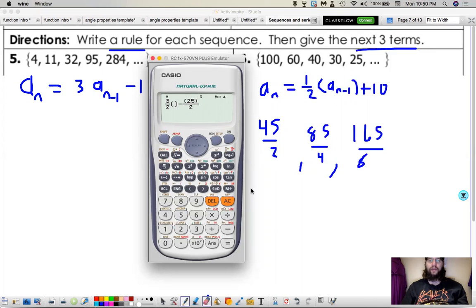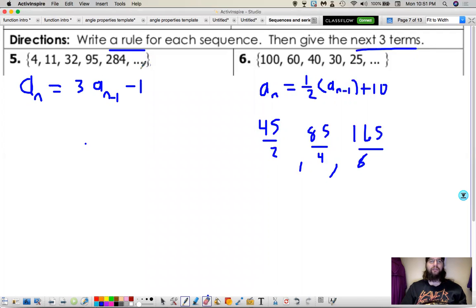This is 45 halves. Let's see. It looks like it's somehow the exact same formula, guys. Okay, see, it's just two different ways of representing the same formula. My bad. Let's go back to number 5 and finish writing these terms.